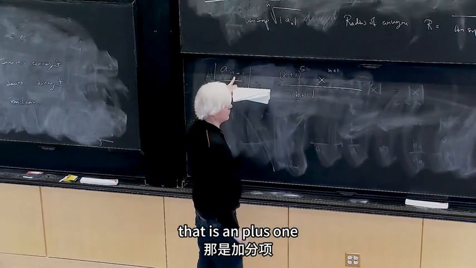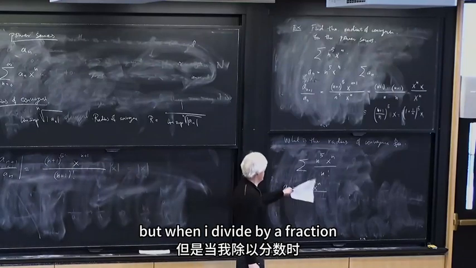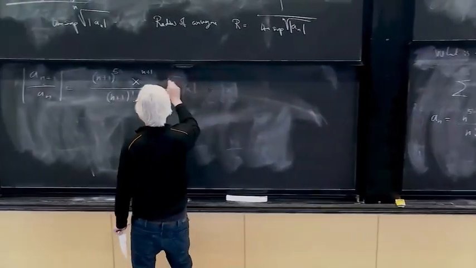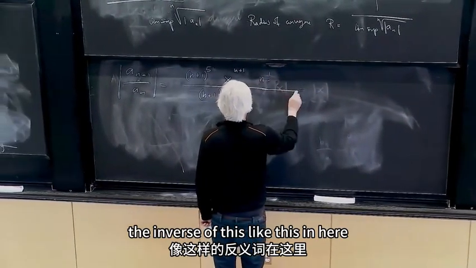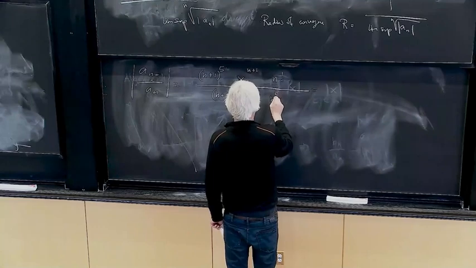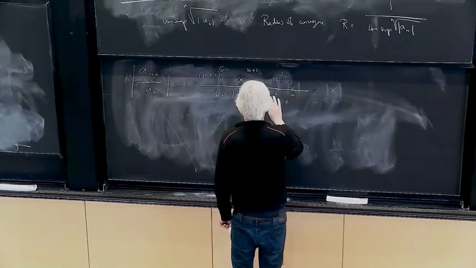That is a_{n+1}. And then I have to divide by this, but when I divide by a fraction, it's like multiplying by the inverse of this, so n factorial over n to the 5th power x to the n power, like that.